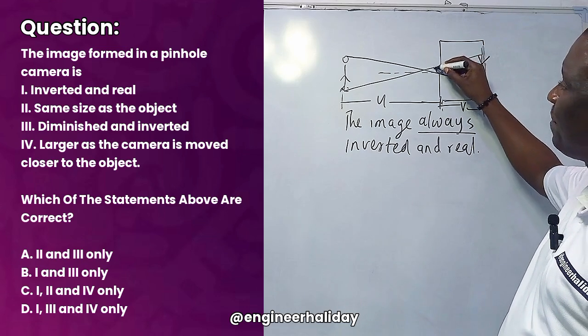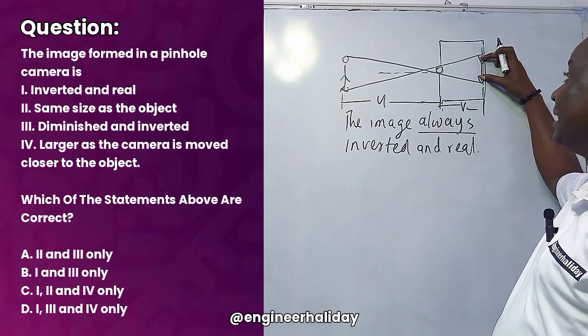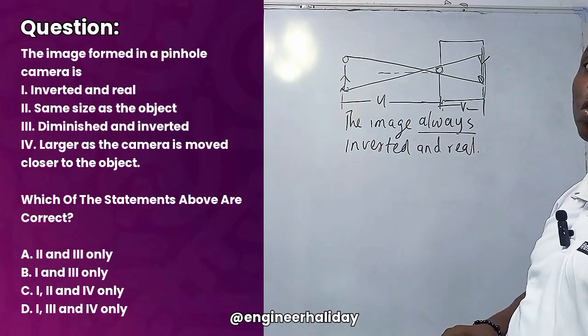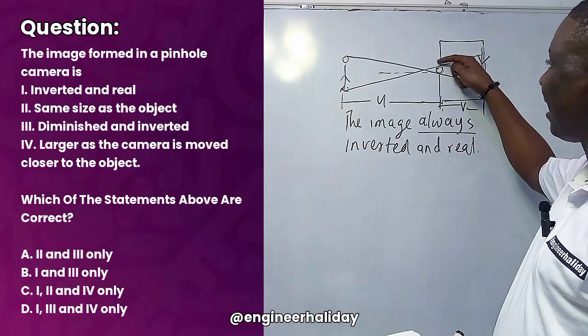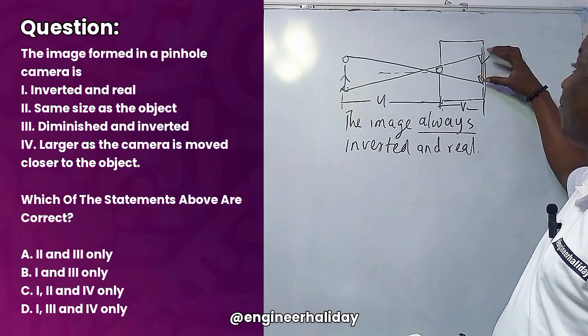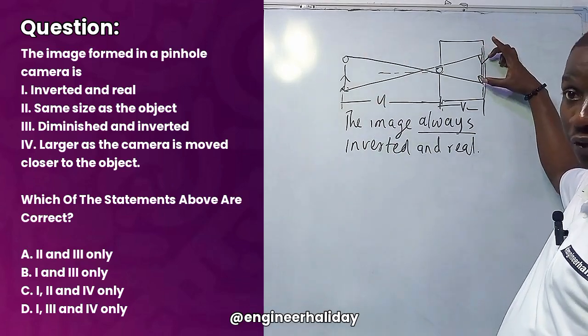In fact, if we make this pinhole bigger, the image becomes blur. A blur image means something that is not sharp. If I make this hole wider, then the image will be blur, and as you move it closer, it will be a blur image.